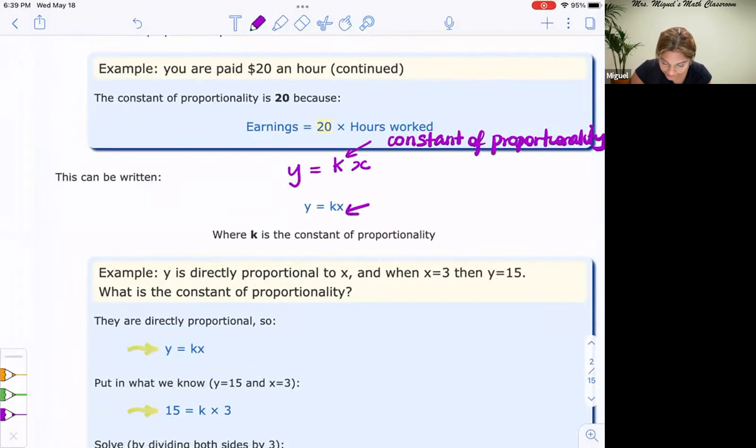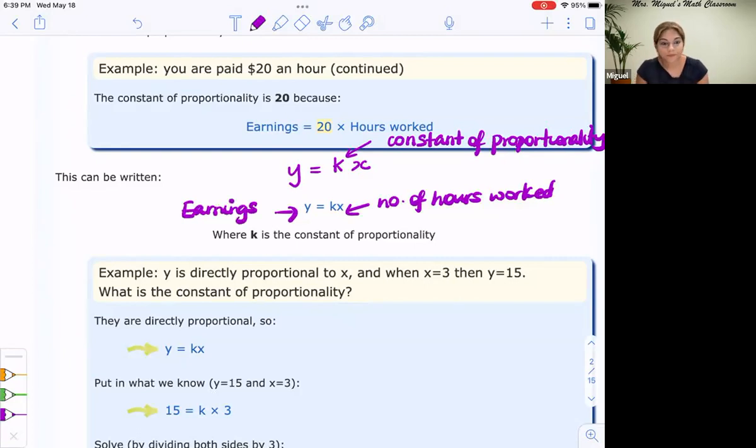And x is the number of hours worked and y is the earnings. So the question comes to find the proportionality when x is 3 and y is 15.